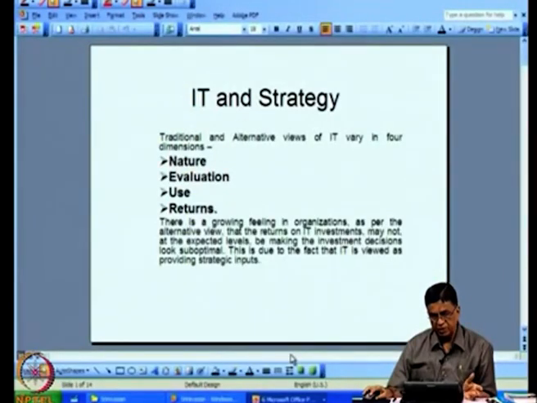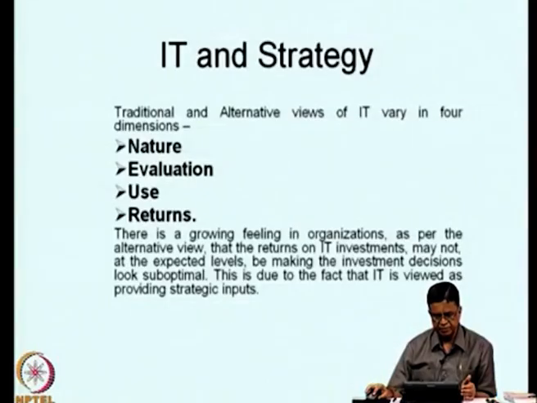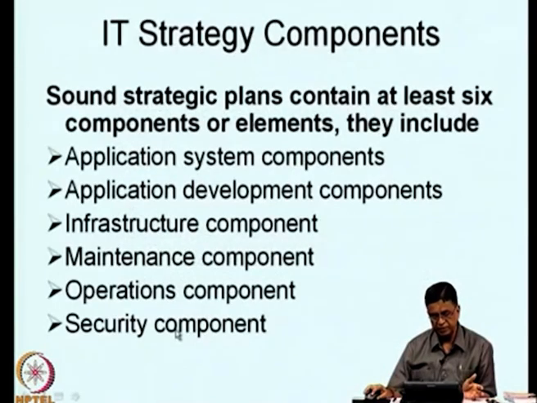When we also looked at IT and strategy with respect to the 4 dimensions, that is the nature, evaluation and the returns, use and the returns. So, what could be the IT strategy components?